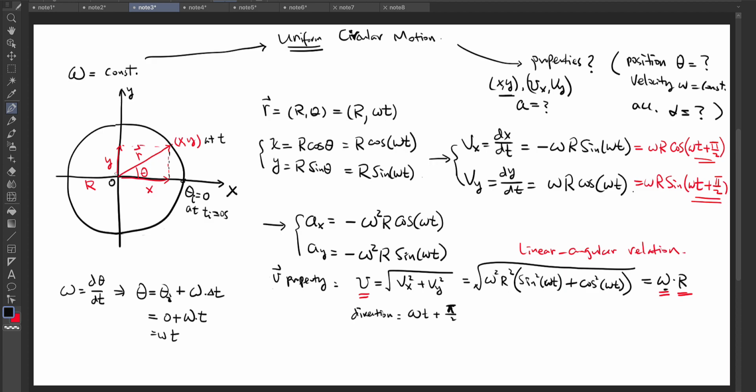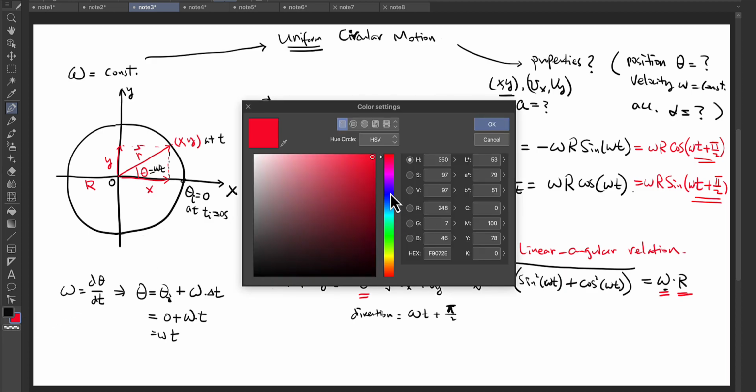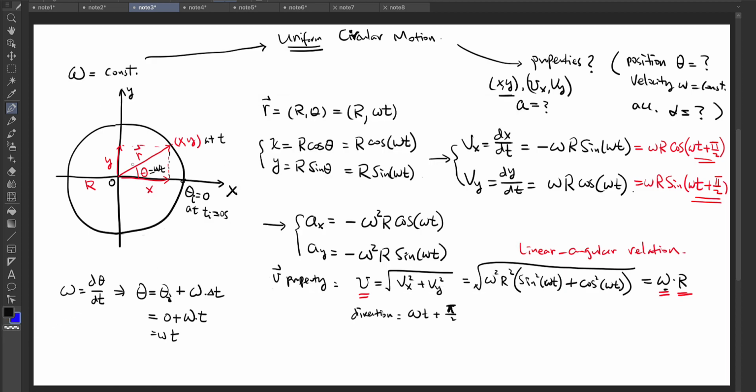Here is the vector for the position at angle omega t, theta equals omega t, and on top of that I need to add pi over 2, so I need to draw, using a different color, a vector at a 90-degree angle with respect to the position vector.